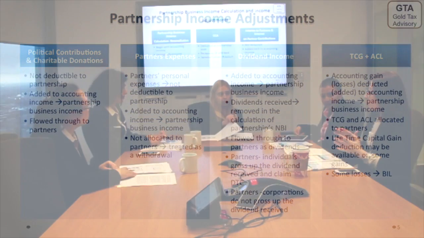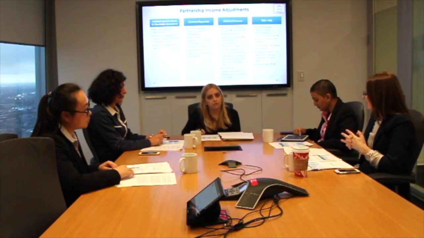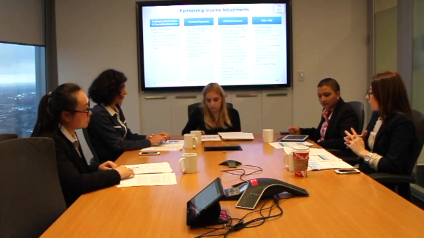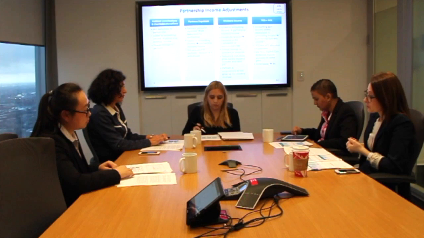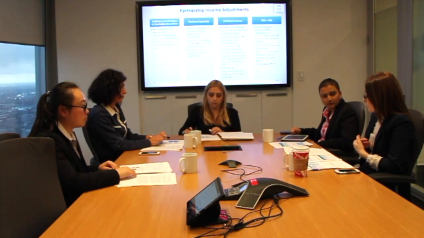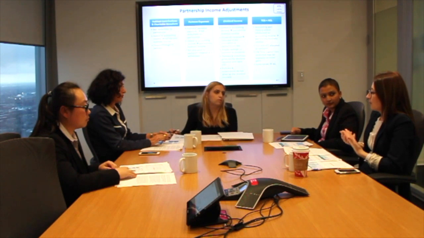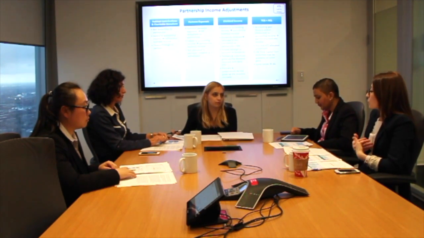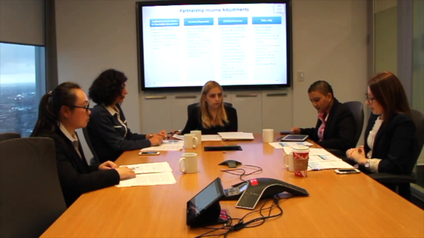partners. One more thing about dividend income is that it is allocated in full amount to partners, meaning if it is an individual, the individual will have to gross it up and claim the dividend tax credit. If it is a corporation, it will have to treat it accordingly, meaning to subtract to get to taxable income.